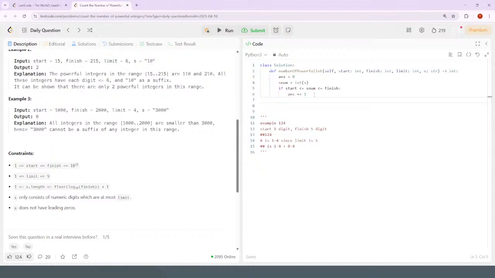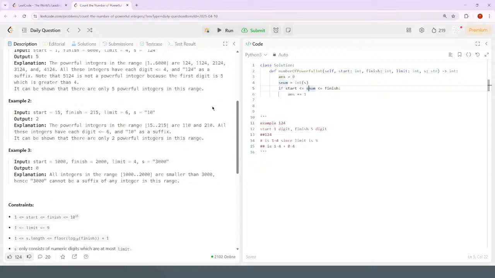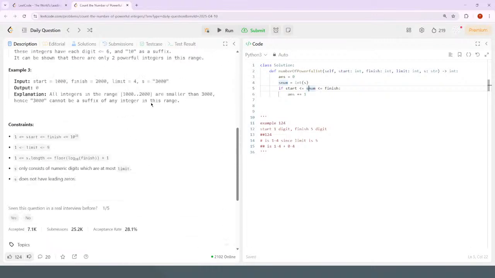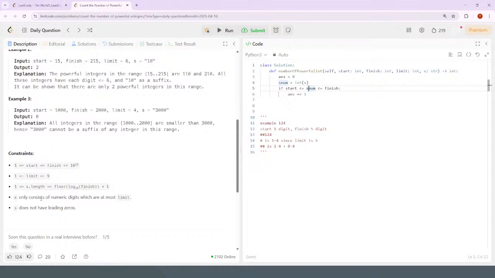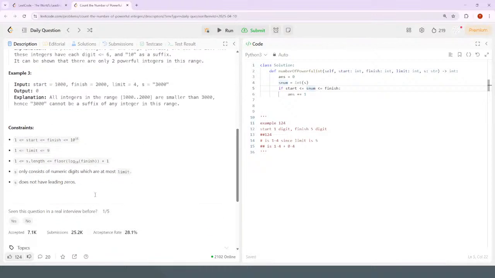For bigger numbers, the start and finish can be... I guess this doesn't quite work as well, because technically the string s could actually be above. Okay, no, s works as a limit, so it's not trivial.